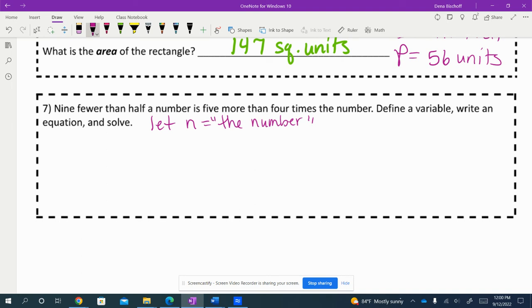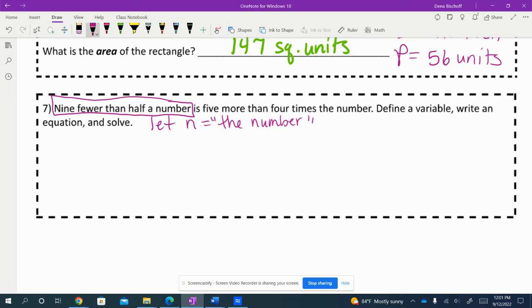So how do I show 9 fewer than half a number? 9 fewer is the same thing as 9 less than half a number. There's something special about it. It is minus, but there's something special about it.